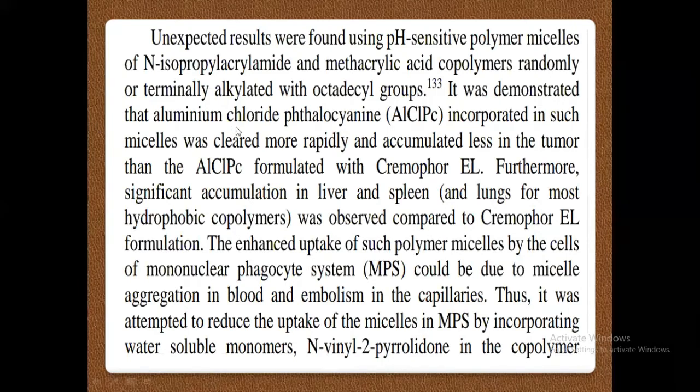It was demonstrated that aluminum chloride phthalocyanine, a polymer which is used, called AlClPc, that is incorporated in such micelles, was cleared more rapidly and accumulated less in the tumor than aluminum chloride phthalocyanine formulated with the drug Cremophor EL.